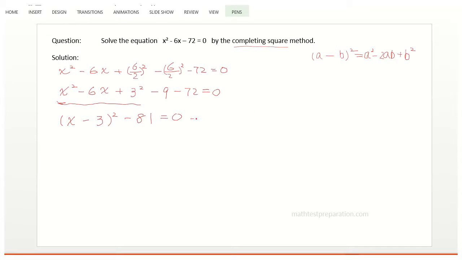We move the 81 to the right side of the equation. Here is negative 81. Moved to the right side of the equation, it becomes positive 81. So we have (x - 3)² = 81.